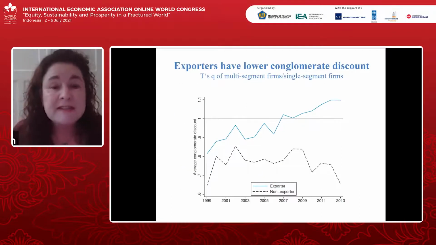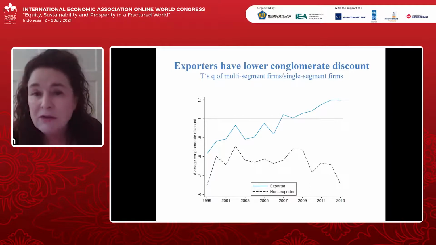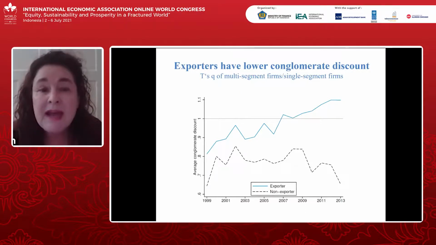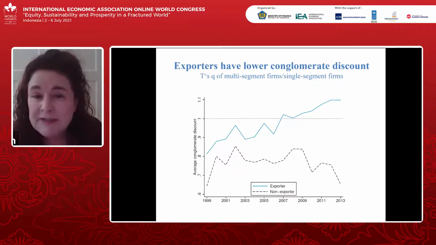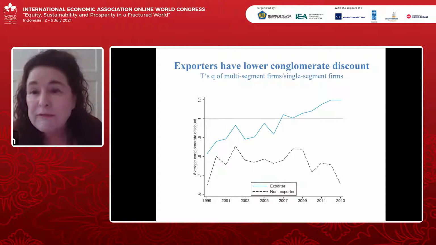So what are the facts? This figure shows the conglomerate discount for multi-product exporters, which is the blue line, and the conglomerate discount of non-exporters, which is the dotted black line. The conglomerate discount is the Tobin's Q of a multi-segment firm relative to the Tobin's Q of a single segment firm.